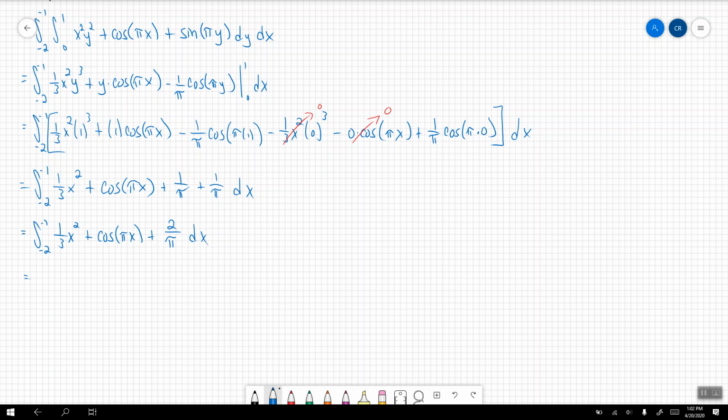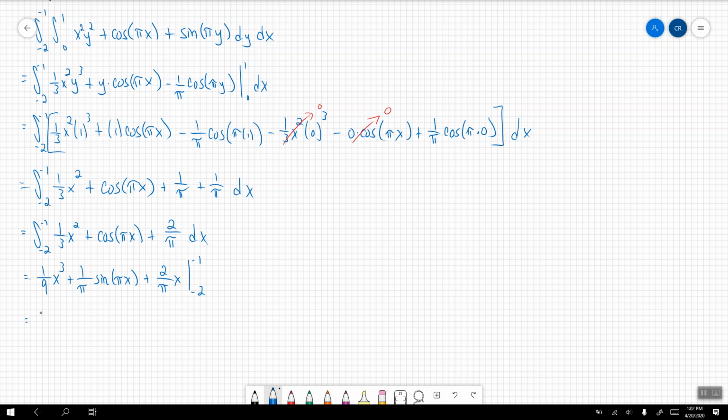So integrating with respect to dx, this is now going to be 1/9 x to the power of 3. This is now going to be plus 1 over pi sine of pi x plus 2 over pi multiplied by x, evaluated from -2 to -1.